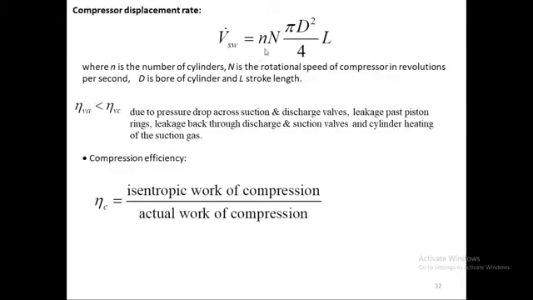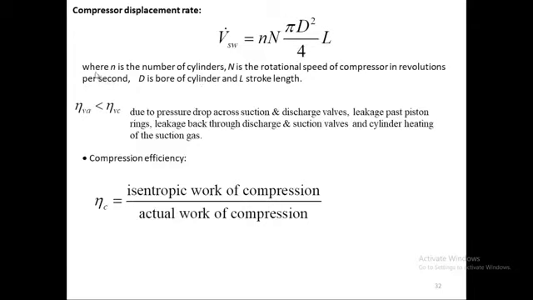Small n is the number of cylinders, and then the capital N is the number of revolutions per second, the rotational speed of the compressor. If it is one rotation, then N will be 1, so the piston goes up and down one time. If it is a 4-cylinder or a 2-cylinder, then that volume has been displaced that many times.